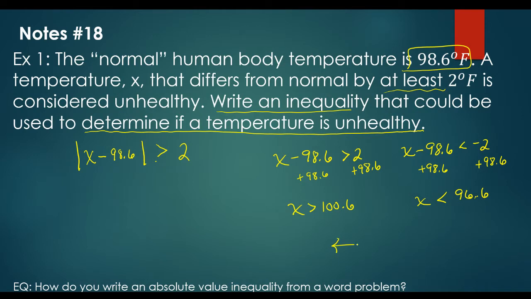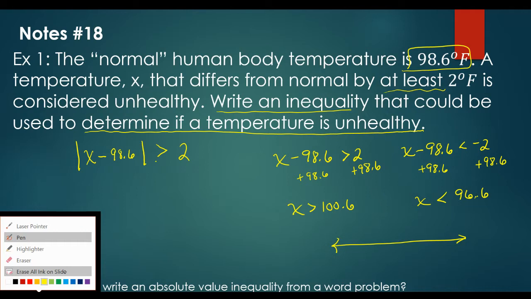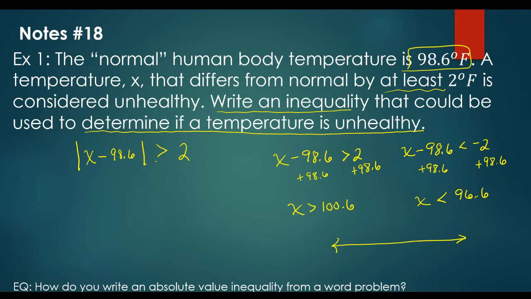And if you graphed that, all the numbers greater than 100.6 would be this way. And all the numbers, oops, less than 96.6.